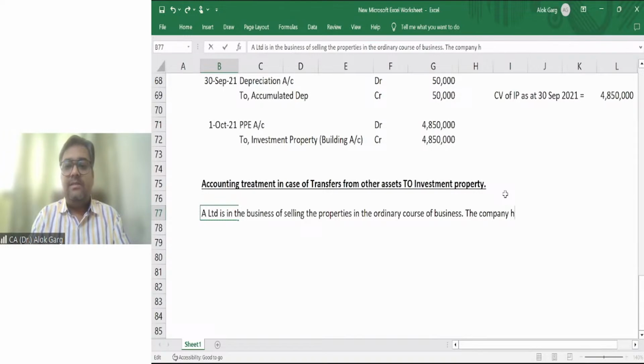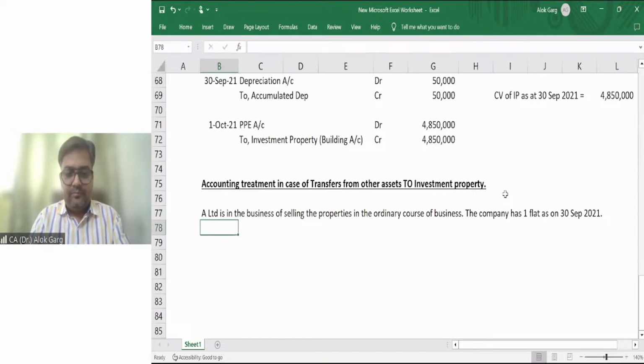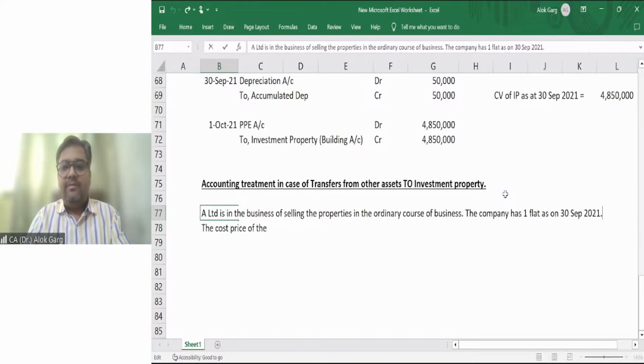The company has one flat as on, let's say, 30th September 2021. Let me write land here.